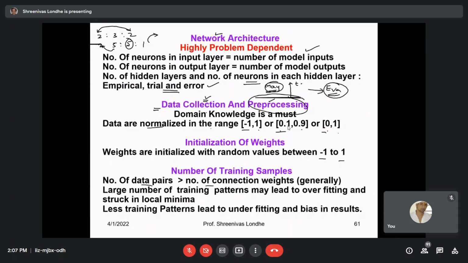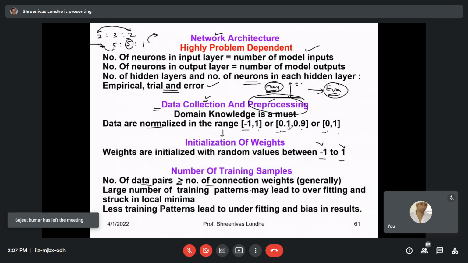Okay. Now, initialization of weights. We have discussed the weights. These weights are generally initialized with the random values between -1 to 1. And the number of training samples, obviously, number of data pairs should be greater of number of connection weights. At least this should be greater than the input-output combination of neurons.